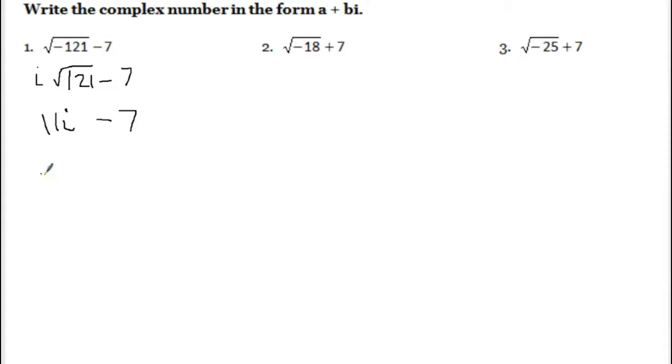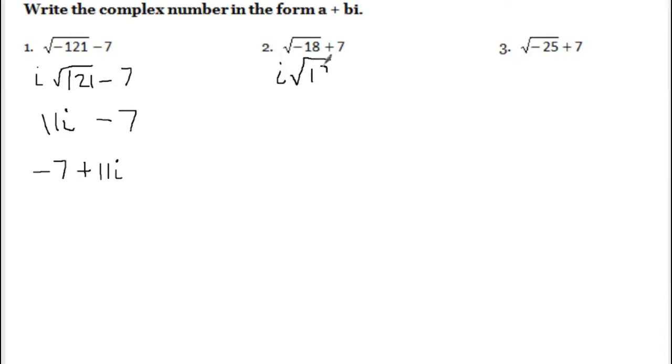In standard form, it would be negative 7 plus 11i, where the negative 7 is the real and the i part is the imaginary. Remember that anytime you have a negative under a square root, that negative turns to the i. So in example number 2, that negative comes out as an i.